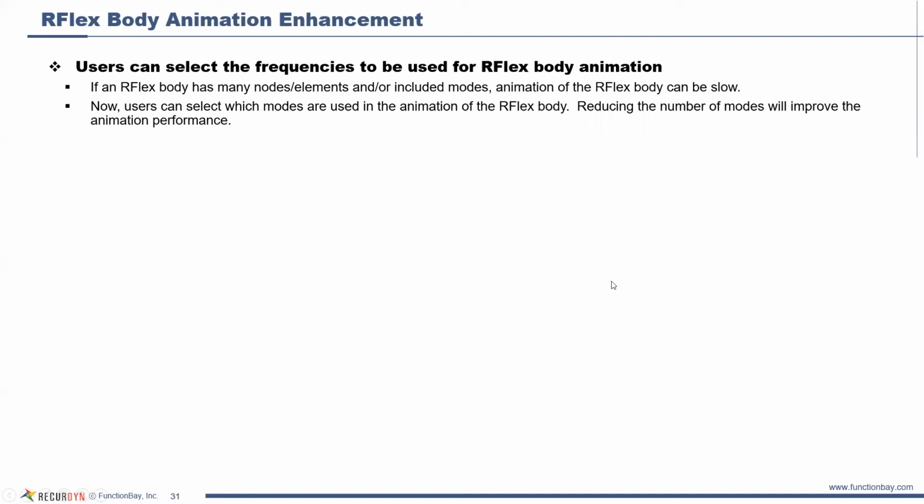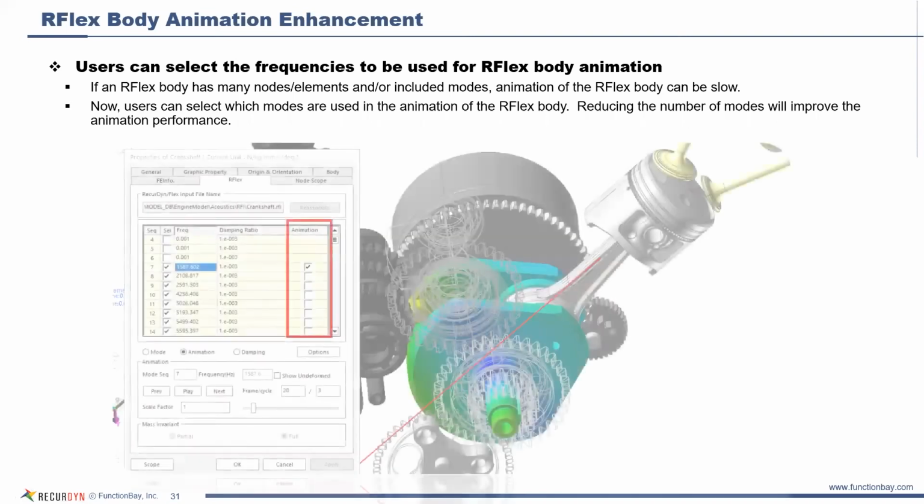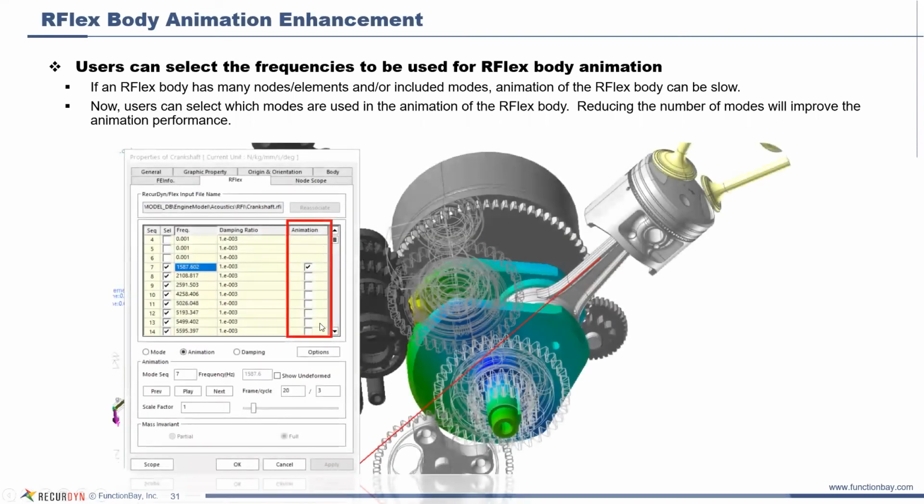There's an enhancement to the RFlex body animation: the user can now select which modes they want to have included in the animation, and that will help increase the speed of the animation.